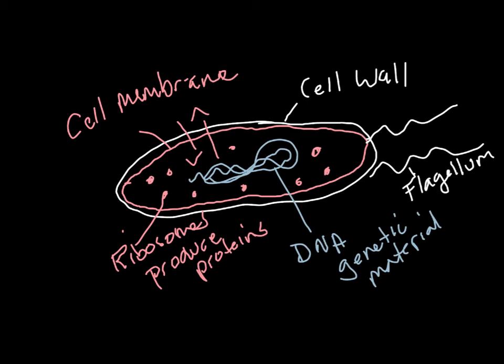Now, you also have something that I'm going to put here in blue, which are larger circular structures called plasmids. These are important to bacteria, but sometimes can be harmful to us because plasmids are antibiotic resistant.